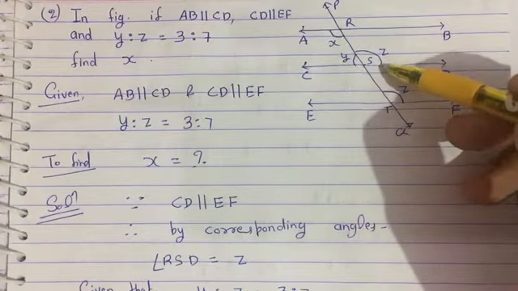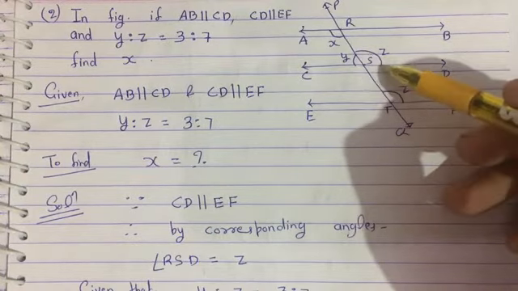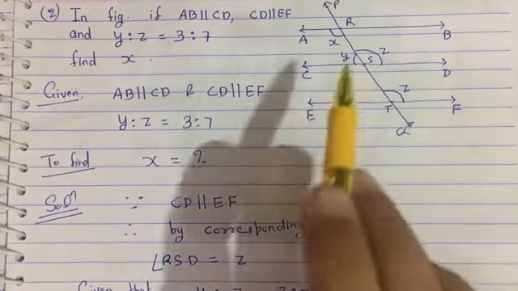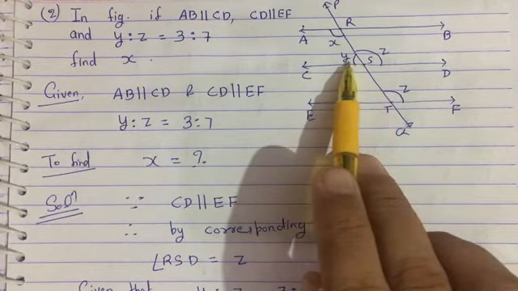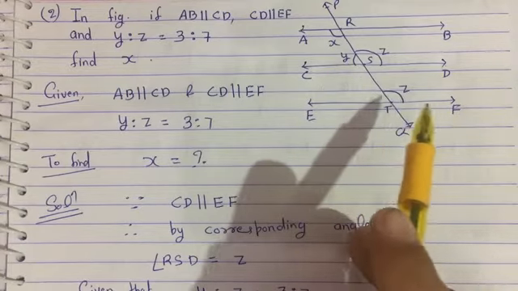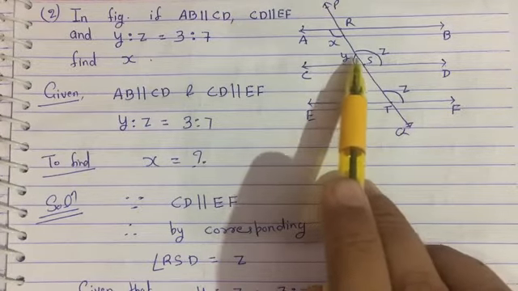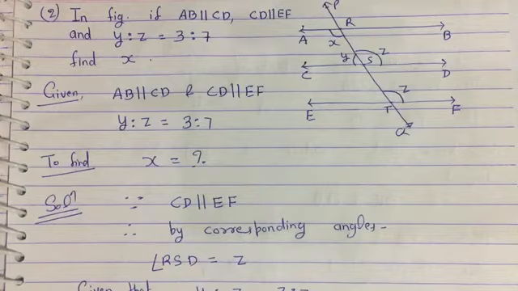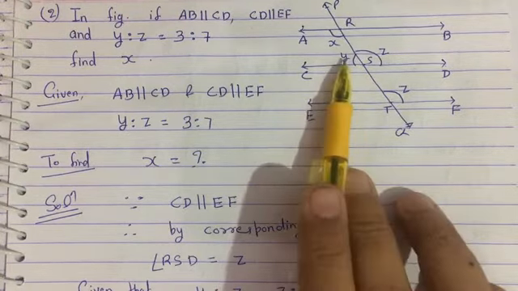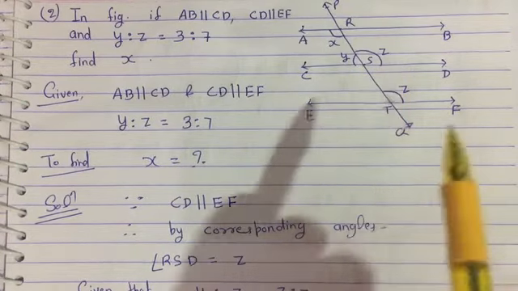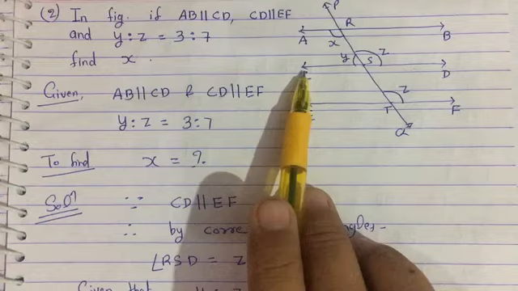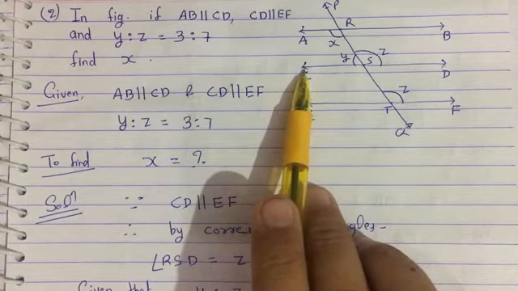This angle is z, and write it down here also, because when you write angle z here, then you can clearly see that y and z form a linear pair. Yes or no? Angles y and z both form a linear pair. And how do we write it?